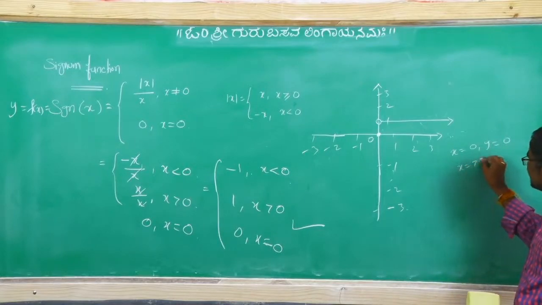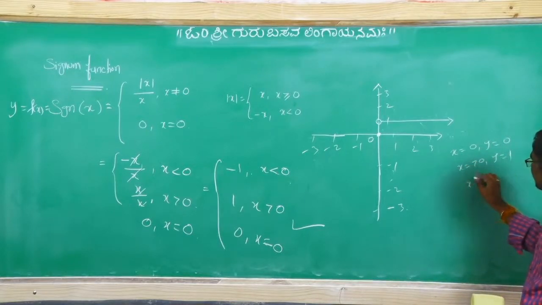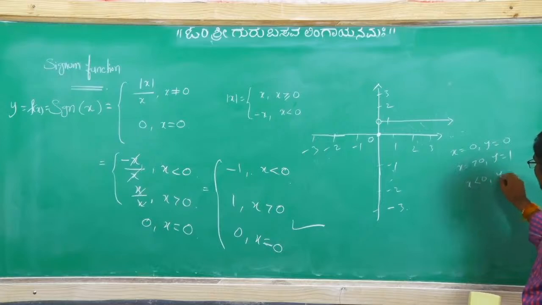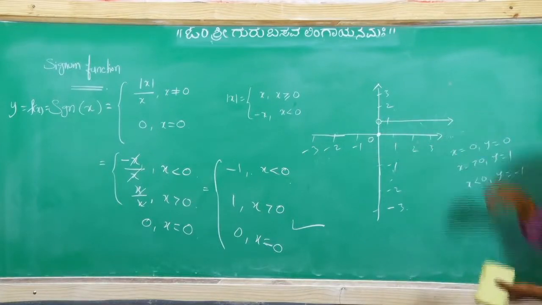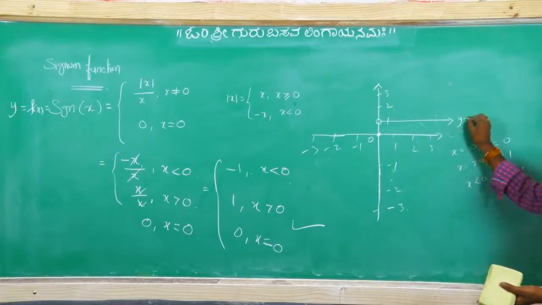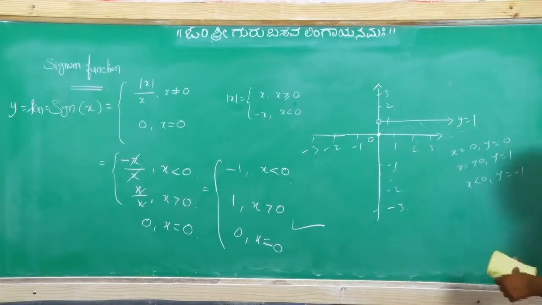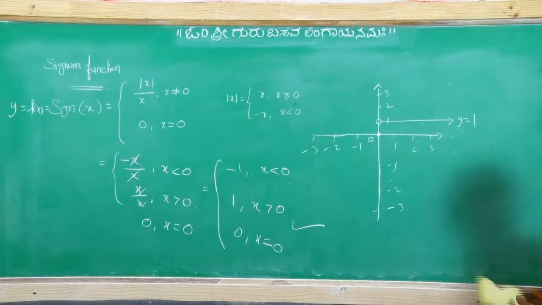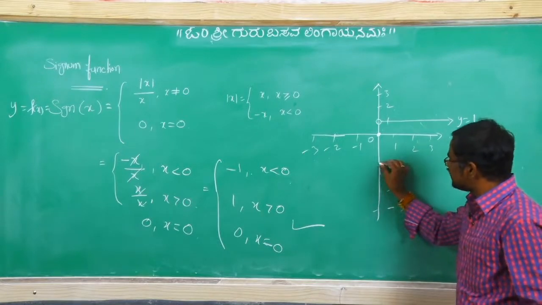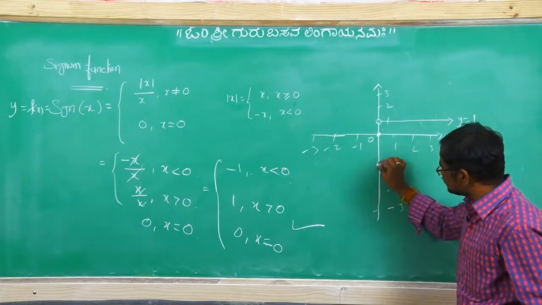Whenever x greater than 0, y equal to 1. Whenever x less than 0, y equal to minus 1. So for x greater than 0, y is 1, this is y equal to 1 only, no? Next, whenever x less than 0, y value is minus 1.